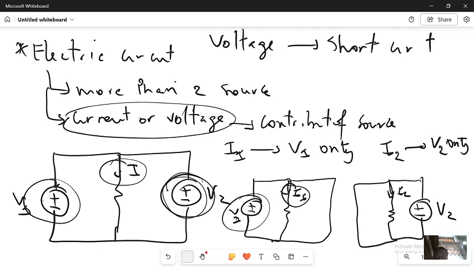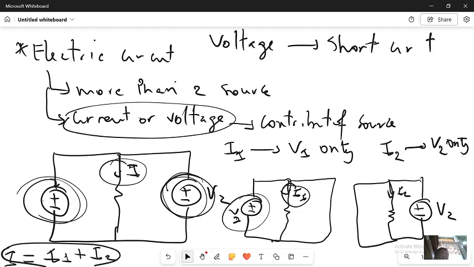Now if I add, as we saw in the previous system, these two sources V1 and V2, it will give me the output I. That means the output I is going to be equal to I1 plus I2. Why I1 plus I2?